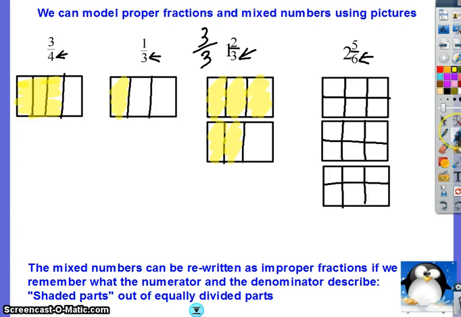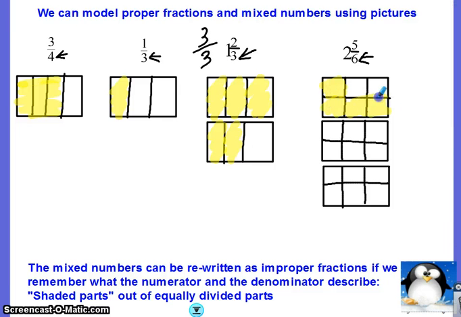Okay, 2 wholes. 1 whole is 6 over 6, because I have 1 whole, that's this whole entire box, which makes 1. And then we have a portion. The fraction is a portion. We have 1, 2, 3, 4, 5.